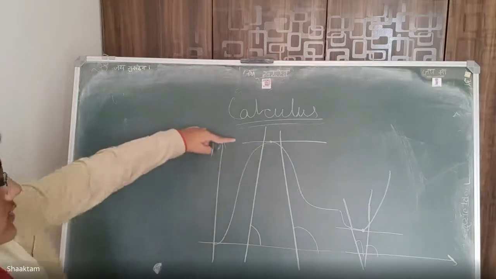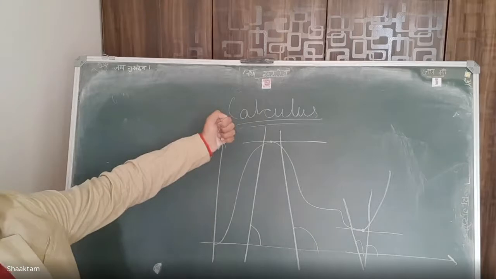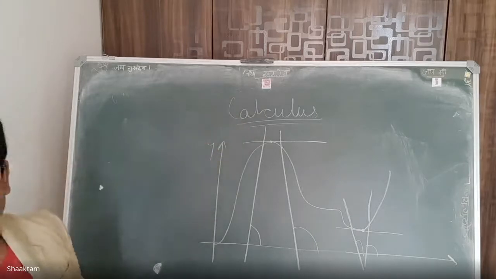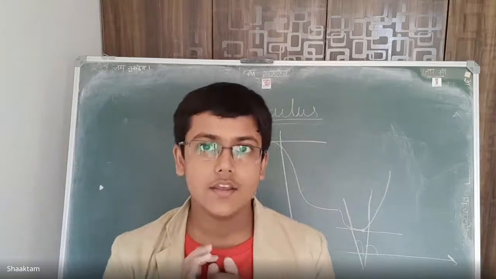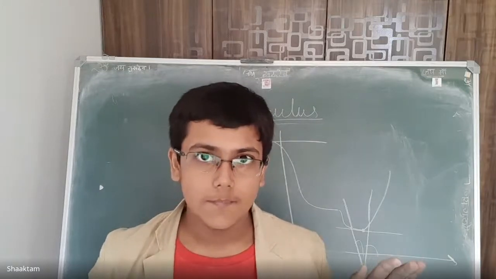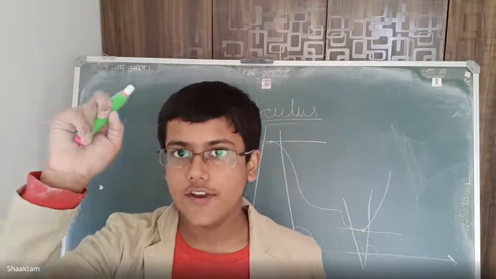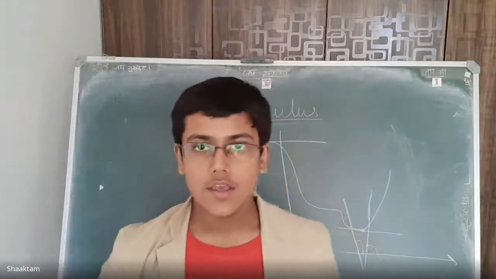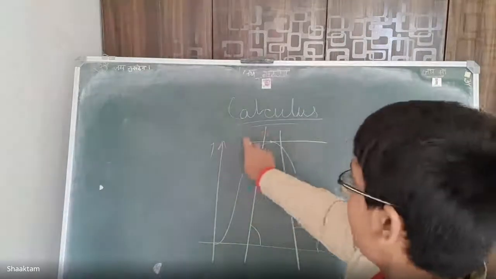That means, now you can see, at a maximum, isn't dy by dx 0? Because slope of such a line is 0. You know that, right? Why? Because y is unchanged. We had learned in graphs and curves that the change of y coordinate divided by the change of x coordinate is the slope.